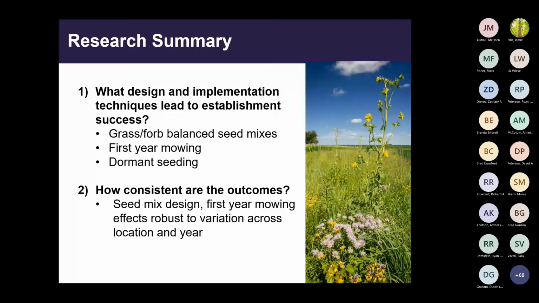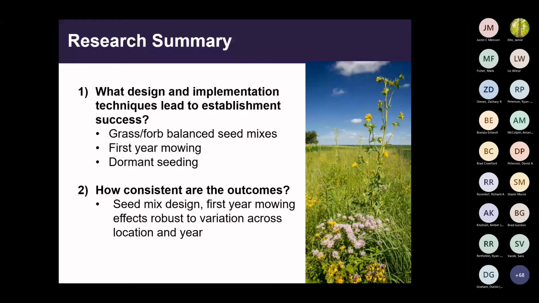And three, that dormant seeding improves some aspects of weed resistance and pollinator resources, namely fewer perennial weeds and more spring and fall forb abundance. We also found that the effects of these implementation techniques, specifically seed mix and first year mowing, are predictable and pretty consistent between sites, even when they're planted in different years, and the absolute density of the measures are different.